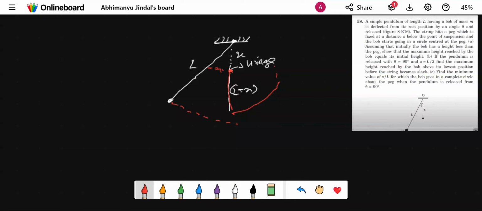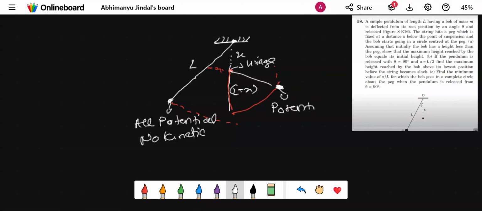Now it's saying show that the maximum height is equal to the initial height. Well, yes, because here it's all potential energy and no kinetic. As soon as it hits the peg and goes to some maximum height, let's say this point, here also there's full potential and no kinetic.